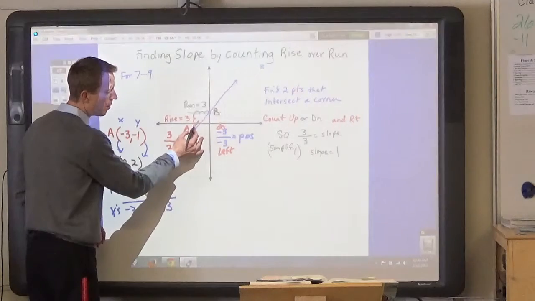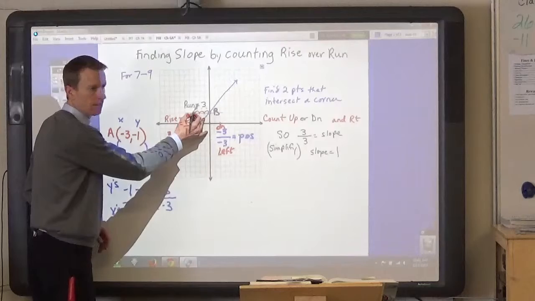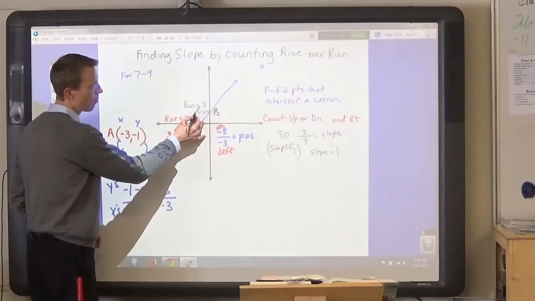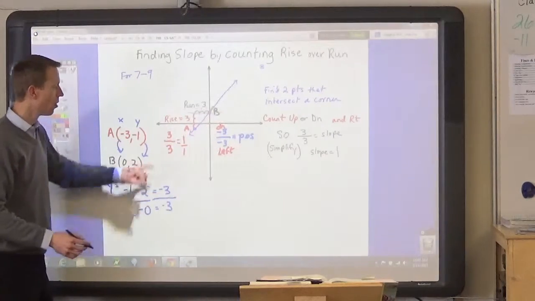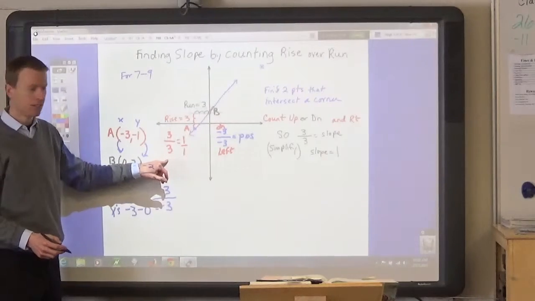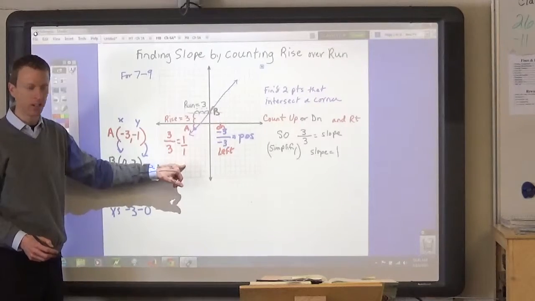You can count up and then over, or the rise and then the run. It goes up 1, 2, 3, and then over 1, 2, 3. So the slope is 3 over 3, which we would reduce to 1 over 1, the slope of 1.